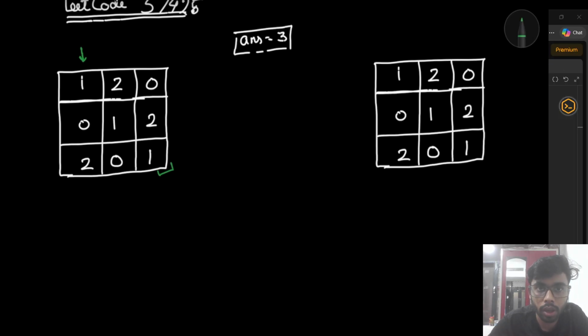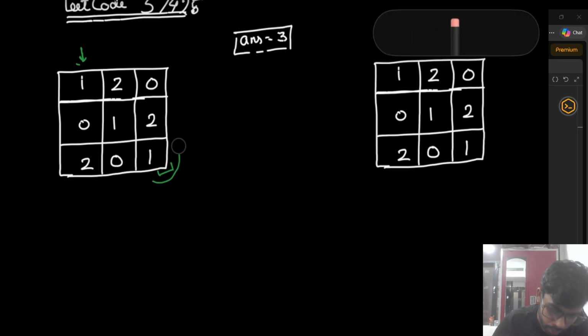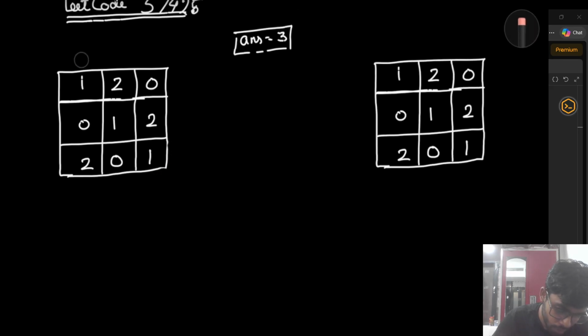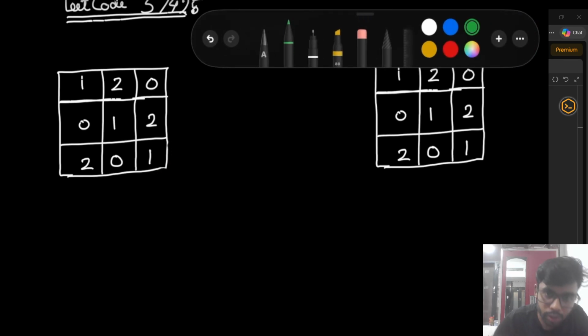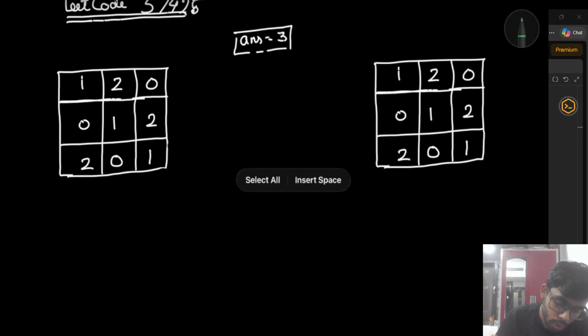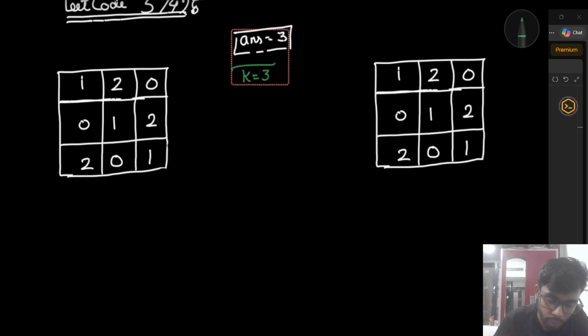Let me get the value of k for this problem. So we have to start from this cell and reach this cell, and the grid value will be either 0, 1 or 2. So we have got k equal to 3. So we have got our data.